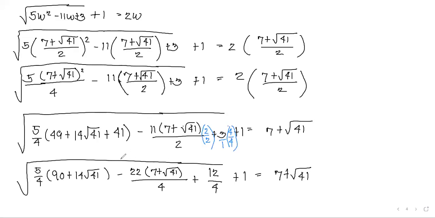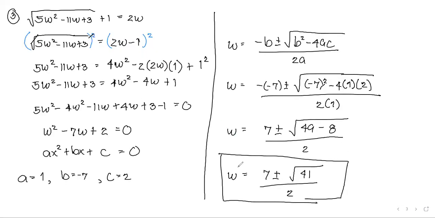Sunod ay, ayan, minus, take note minus, pero i-distribute to. Ayan, minus. So 22 times 7, nothing but 154.